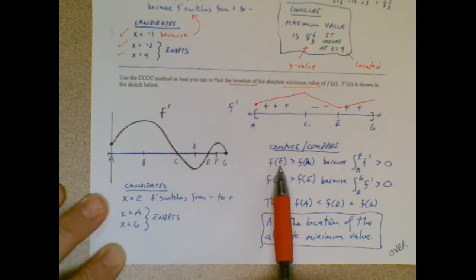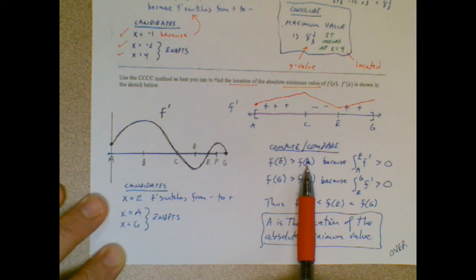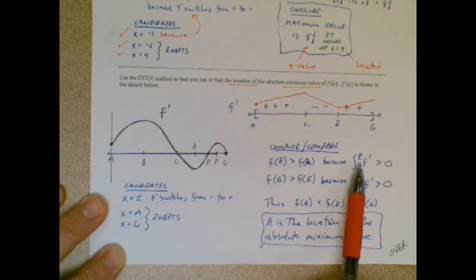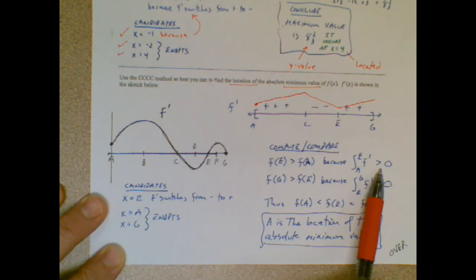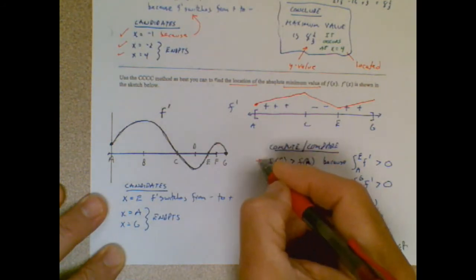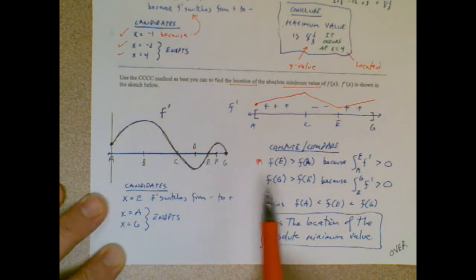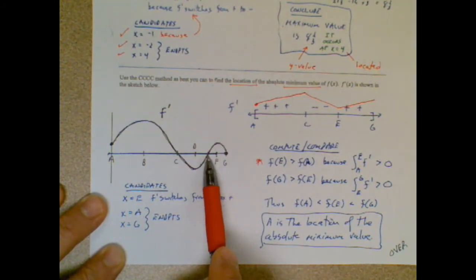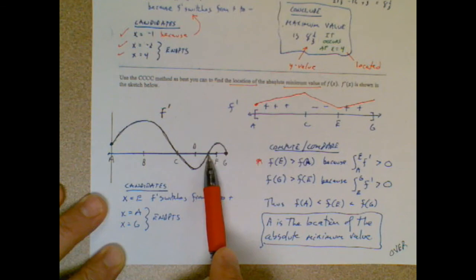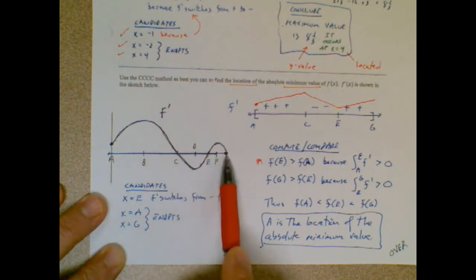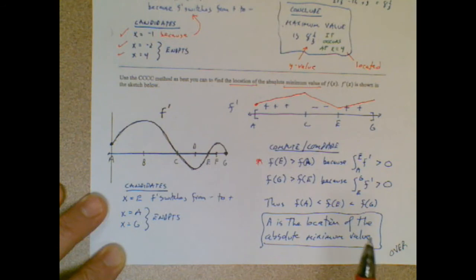So f of E, or E's y value, is definitely bigger than A's y value because the integral of that derivative from A to E is positive. That's deep thinking, so I know that's a rough one. And now let's think about this. As we go from E to G, the derivative is positive that whole time, so G must be at a higher y value than E because the slope during that span is positive. So G is bigger than E.